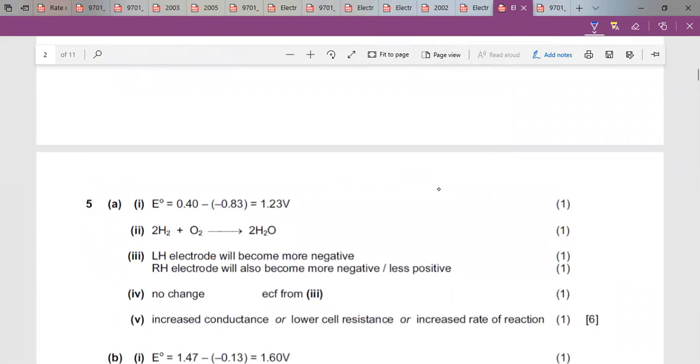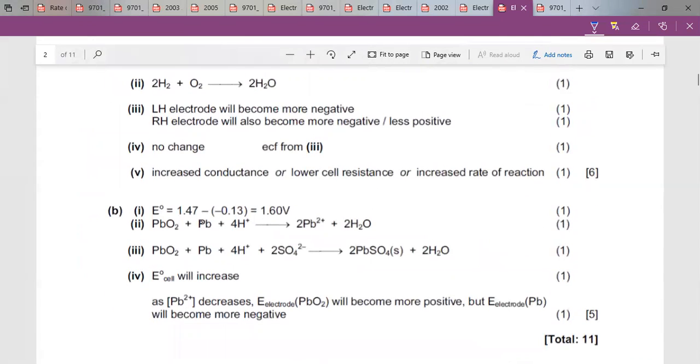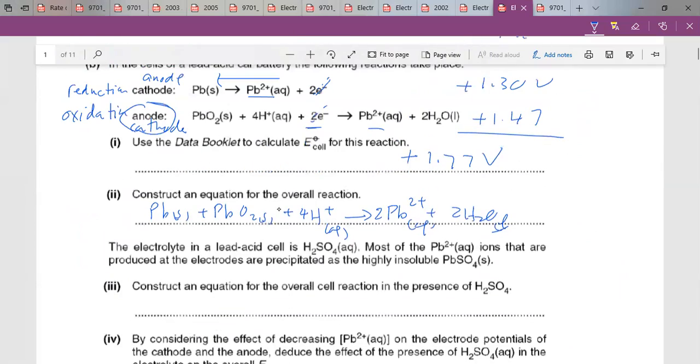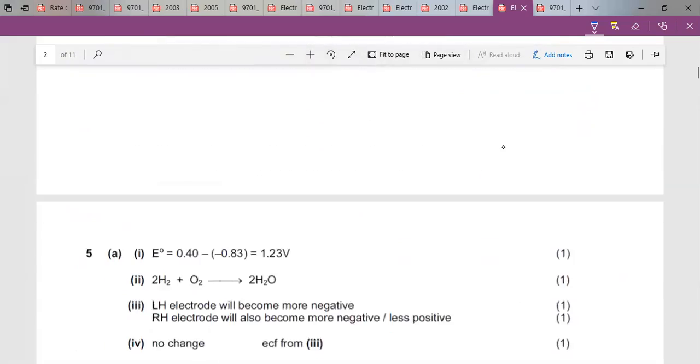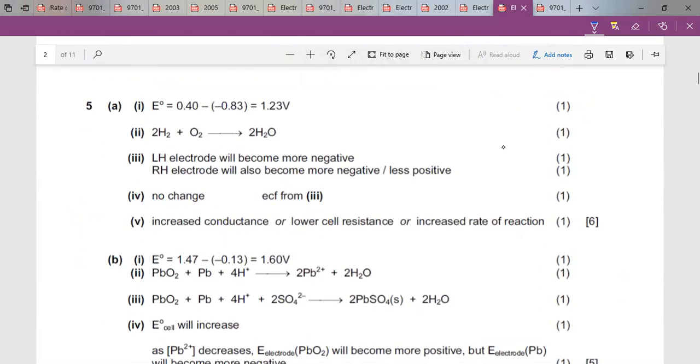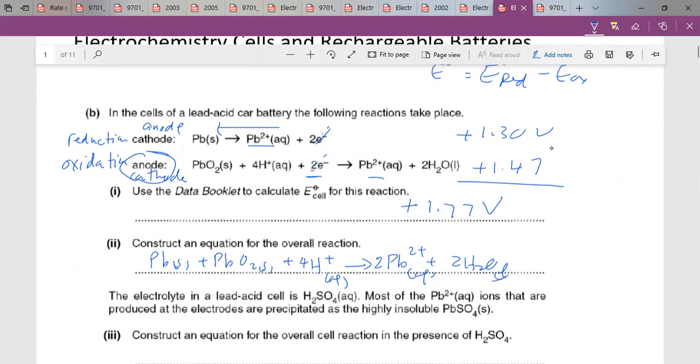Right here, positive 1.6. How come it's different now? 1.30. Sorry, this one is 0.30.